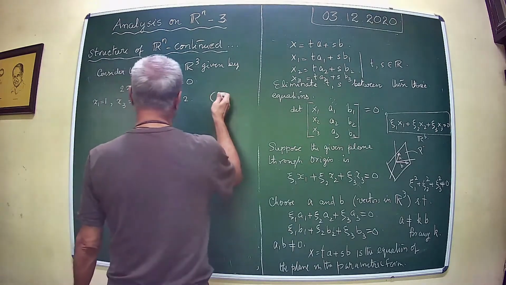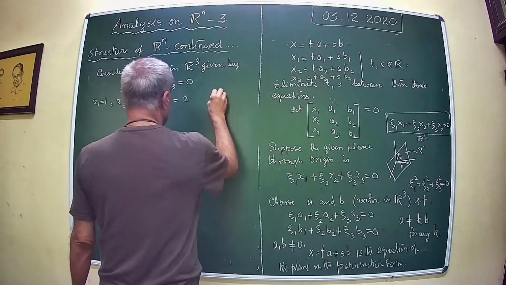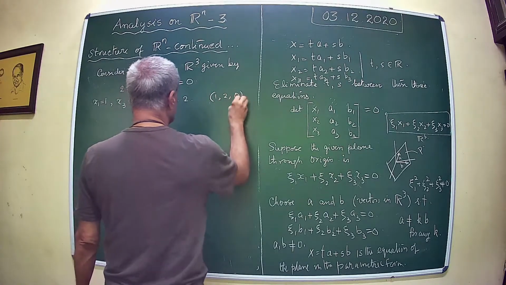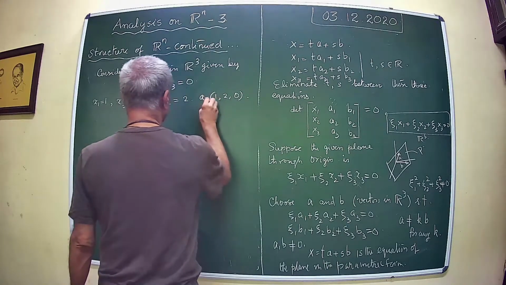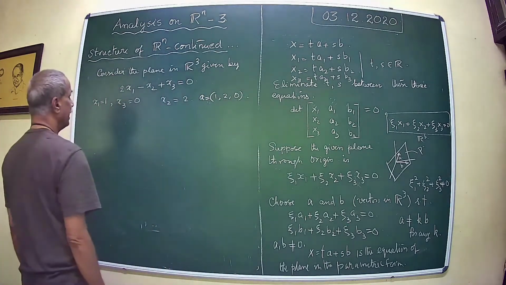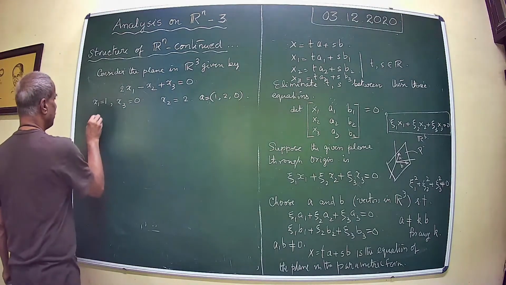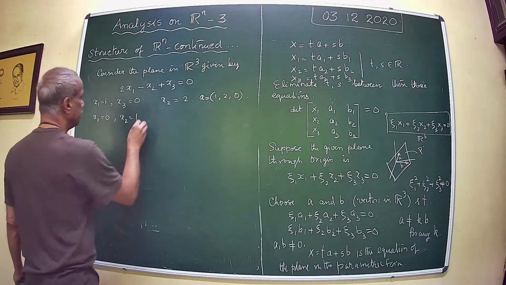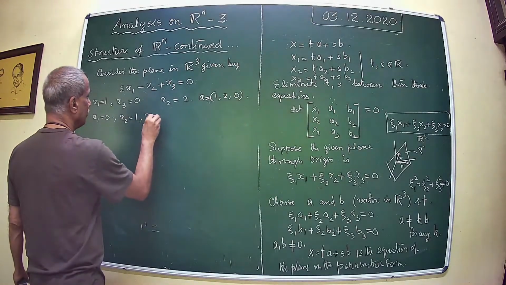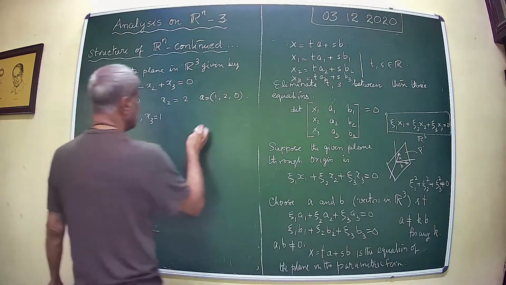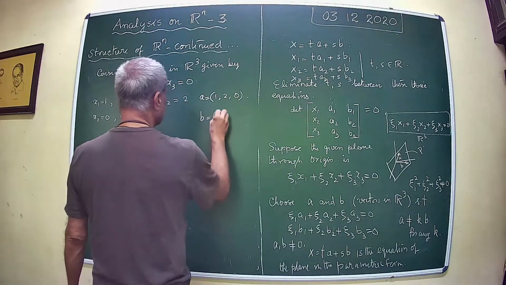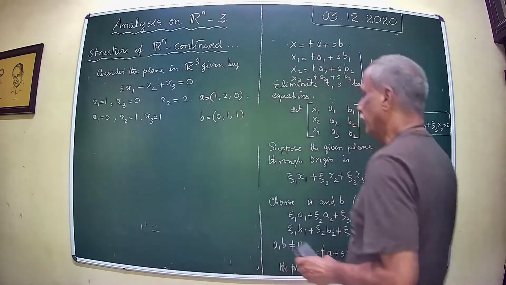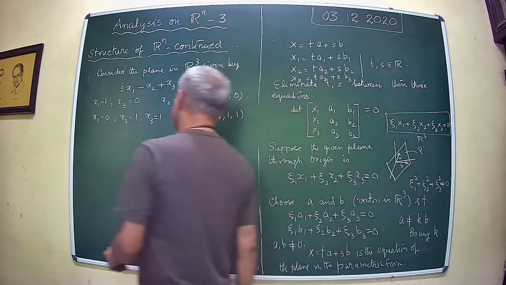So the vector that I have lying in the plane is 1, 2, 0. So this is your A. Similarly, I choose x1 equal to 0, x2 equal to 1, then x3 equal to 1. This also lies on that plane. Therefore, B I take as 0, 1, 1.